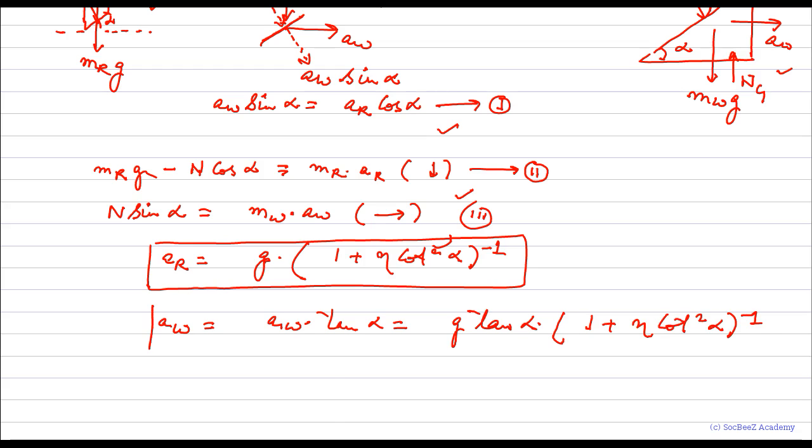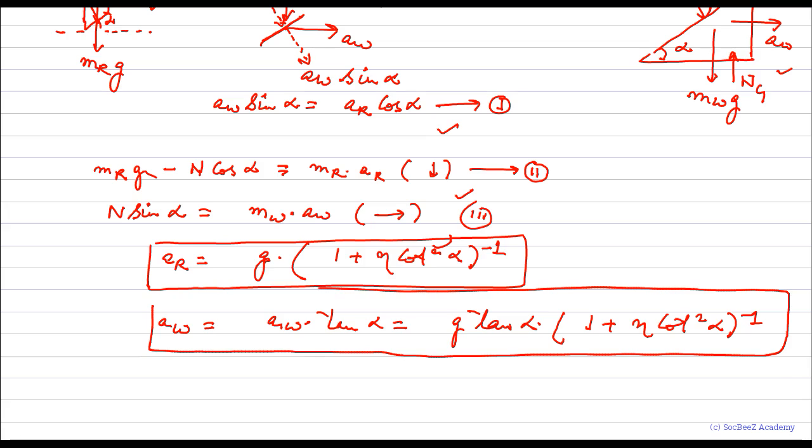Fine. So this is going to be my acceleration of the wedge in the horizontal direction. Fine. The problem was pretty simple. I basically needed to find out the constraint equation, which was important in this problem.